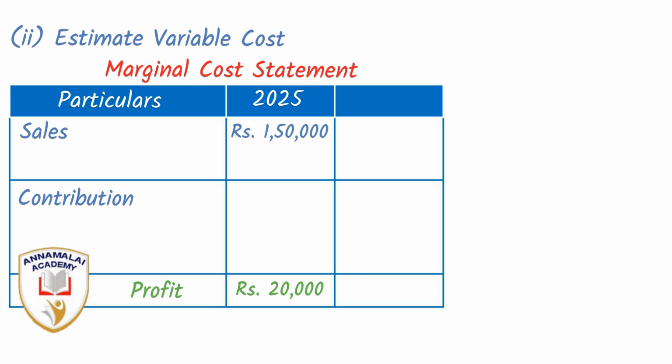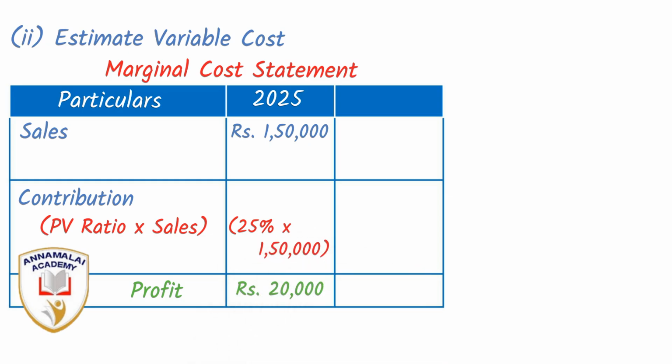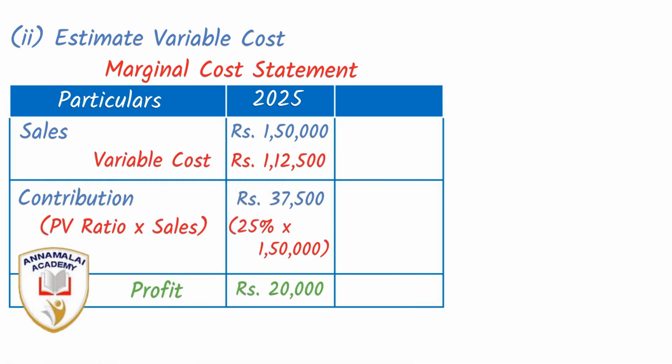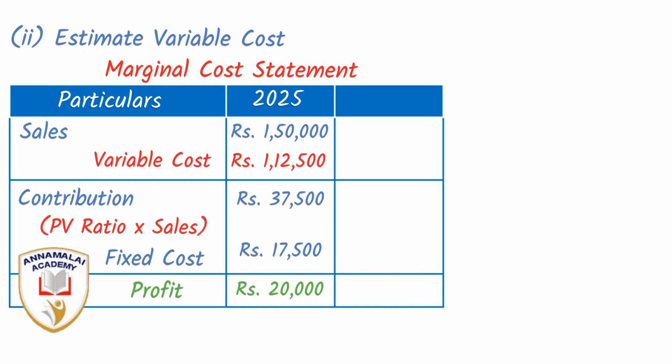So 25% PV ratio into 1,50,000 sales, we get a contribution of 37,500. Differencing the sales and the contribution, we get a variable cost of 1,12,500. Differencing the contribution and profit, we get a fixed cost of 17,500.